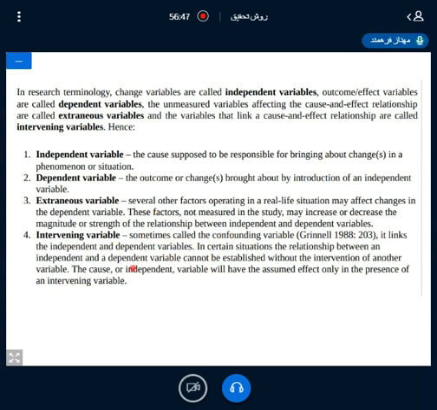It links the independent and dependent variables. In certain situations, the relationship between an independent and a dependent variable cannot be established without the intervention of another variable. The cause or independent variable will have the assumed effect only in the presence of an intervening variable.